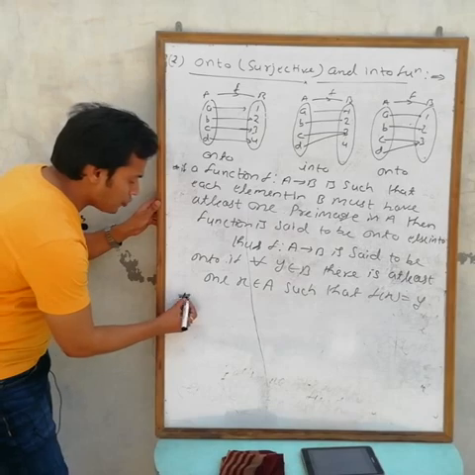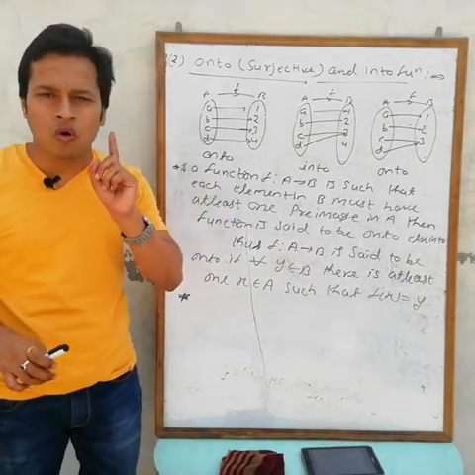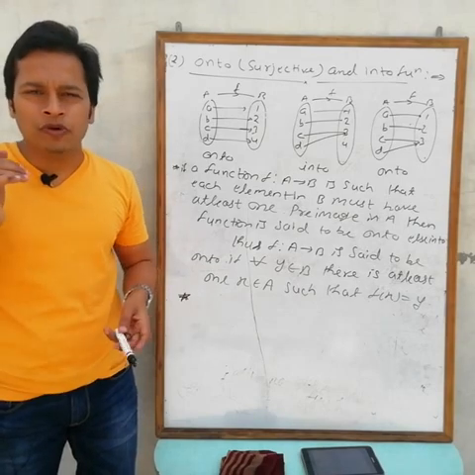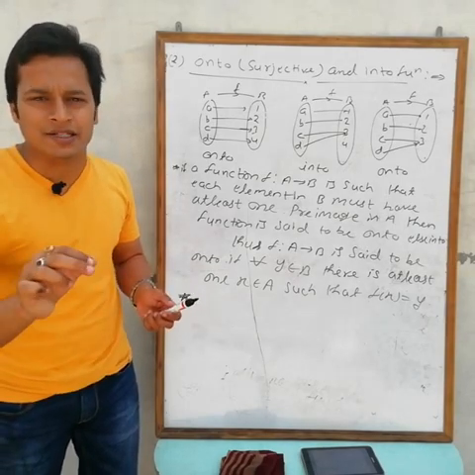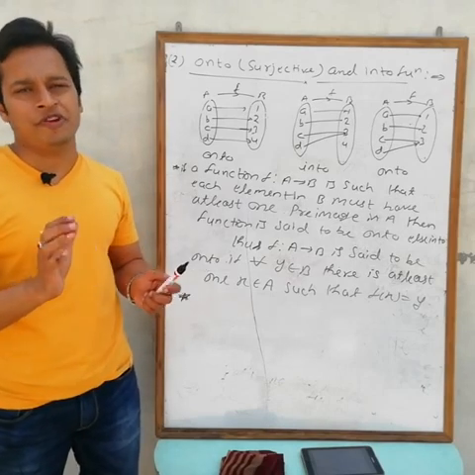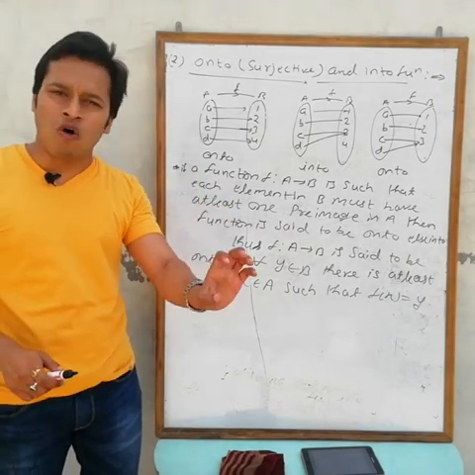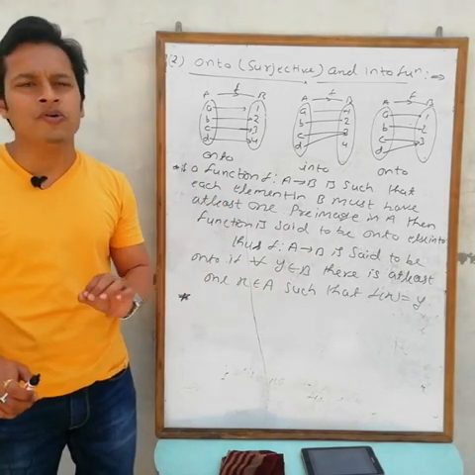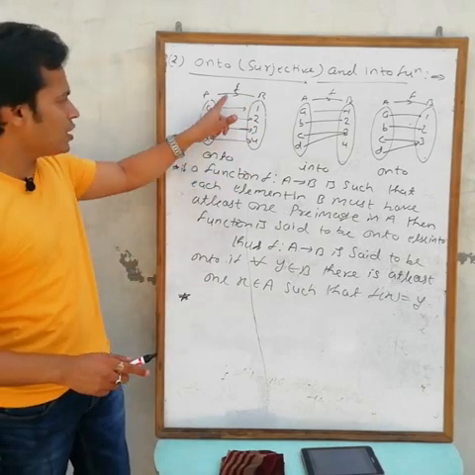And also one thing, how to prove that a function is onto. There is only one method. If you want to prove that any function is onto, first find the range of the function. If the range of the function equals the codomain, then the function is onto, otherwise into. In this case, the codomain is B always.